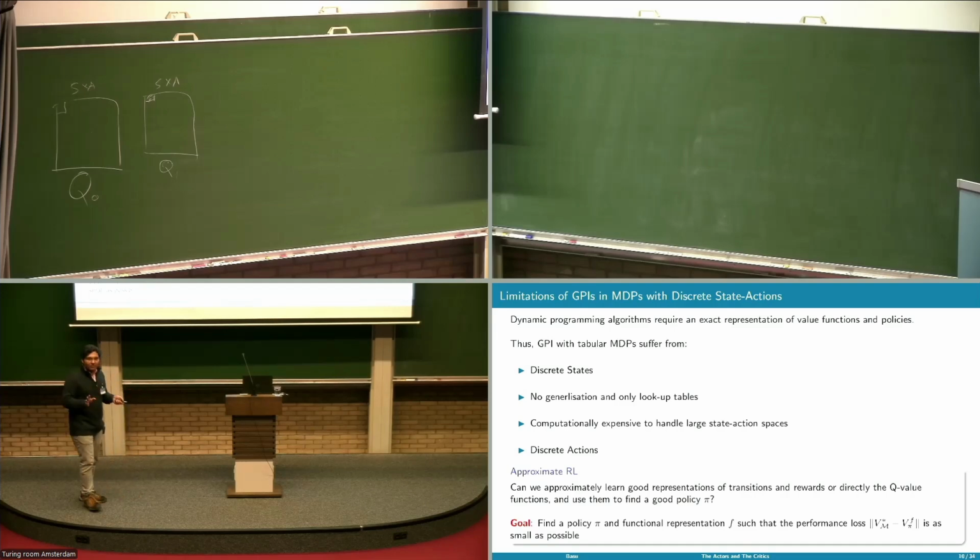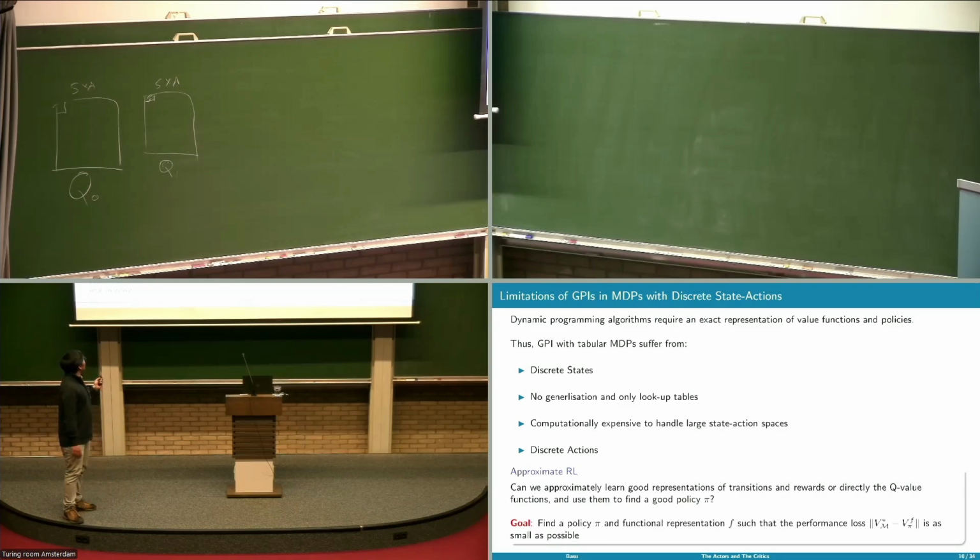What is good, we will come to that later, but this is roughly the idea. And that is a very machine learning way of saying things: okay, you do dynamic programming, etc. That's fine, that works perfectly. But I want to learn representations which help me generalize across tasks. And then that should give me a good enough policy that is close to the true optimal that you could have reached.